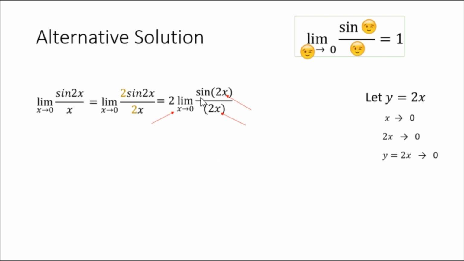Now it's time to replace 2x by y in the original limit problem. So 2x becomes y here, and x approaching 0 is also equivalent to saying that y is approaching 0. Y again is equal to 2x. So that's how we change the variables under limit operation.